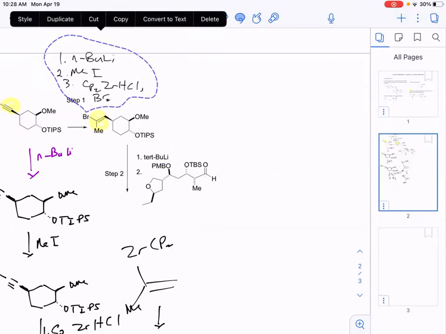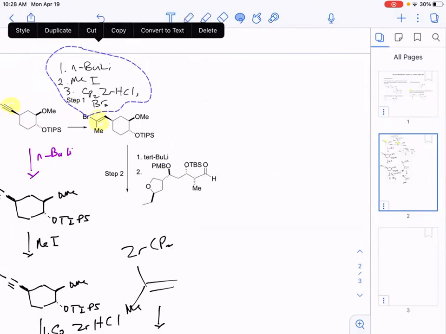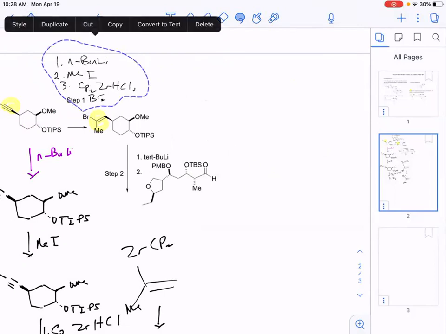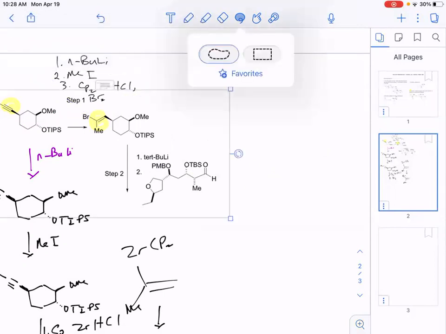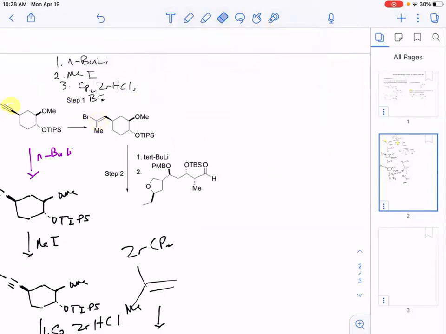So that's to get there. So after that first step, the tert-butyllithium is going to give you this.